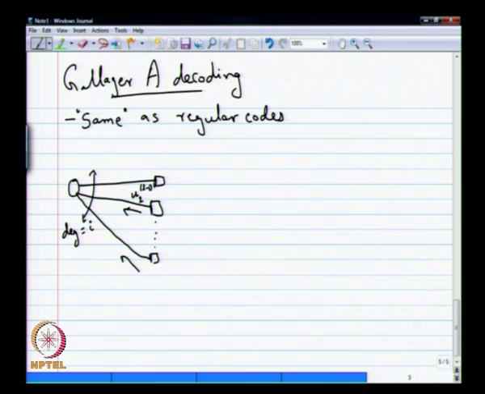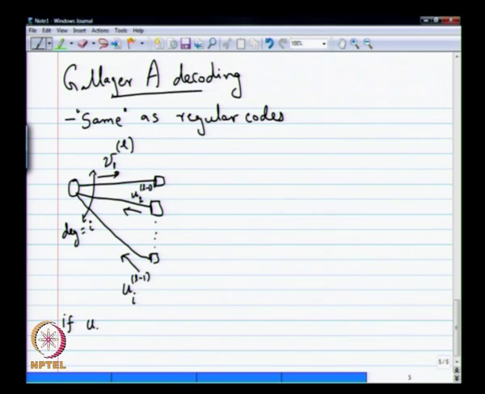So, the message that was received in the previous iteration is like this. And the message that is passed on the first edge in this iteration is V1 L. How do you decide V1 L?